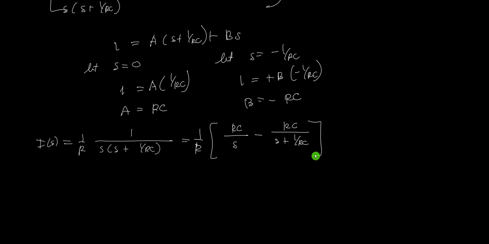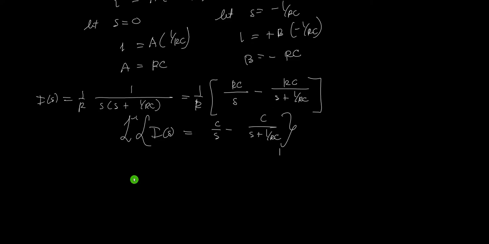Then from here, we can distribute that 1 over R. So we have C over s minus C all over s plus 1 over RC. We can now take the inverse Laplace. The i of t, the inverse Laplace of I, will be equal to, what's the inverse Laplace of C over s? C is constant, so constant over s. 1 over s is thus equal to t.